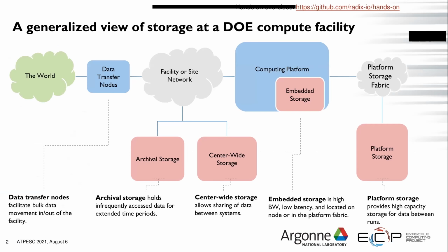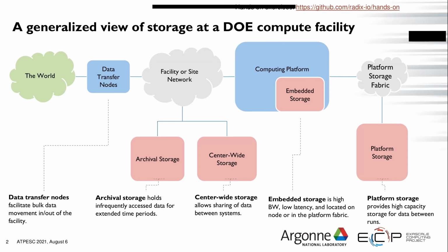So if we look at what a DOE compute facility looks like from a data-oriented perspective, the big blue box in the middle is your computing platform. That's going to be a system like Summit or Theta or Cori. But there's a lot of things that go along with that to process your data. When you're moving data from the outside world, the left side, into the compute facility, you're usually going to go through data transfer nodes.